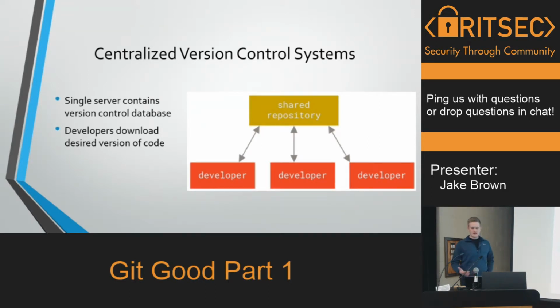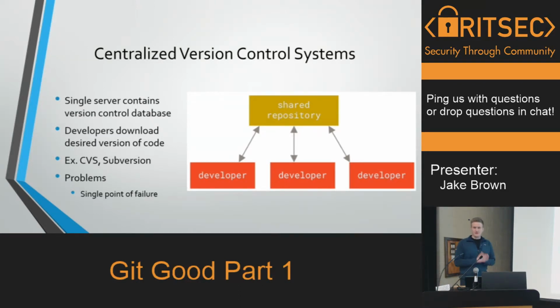Developers download the specific version of code they want, and this approach allows developers to collaborate more easily on the same project. They don't have to send it back and forth. They're all pulling from the same source. If you've ever heard of CVS or Subversion, that's an example of centralized version control systems.